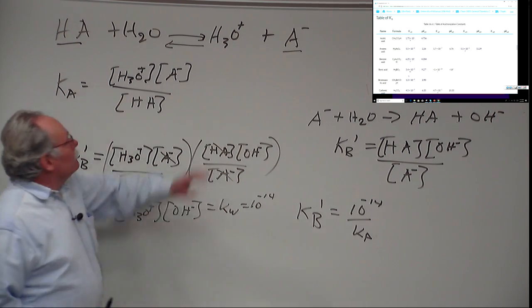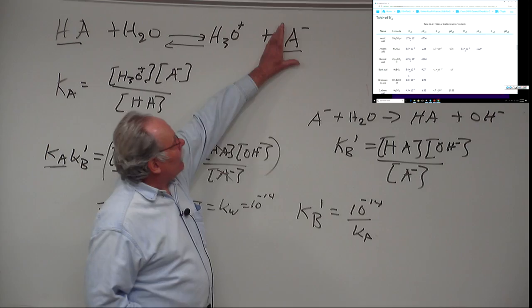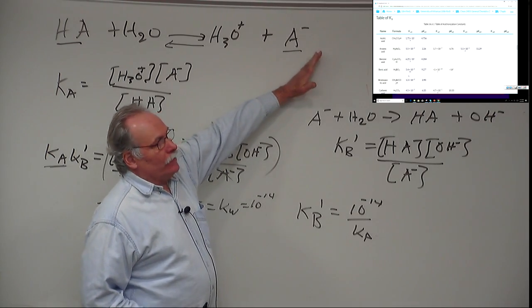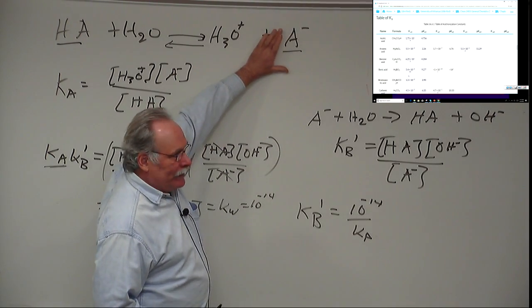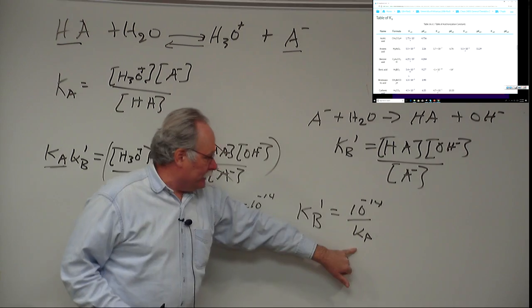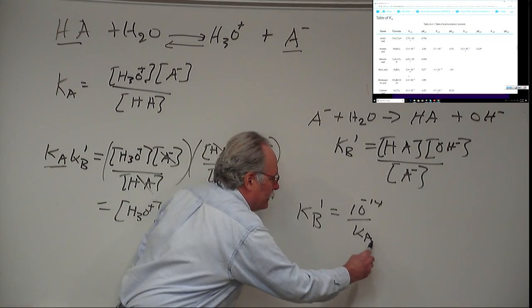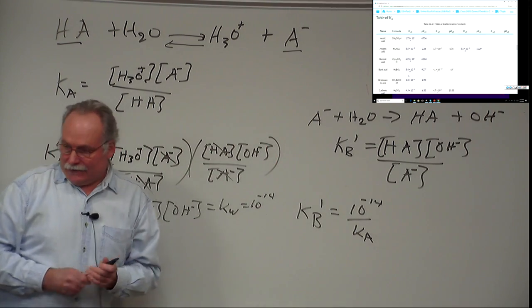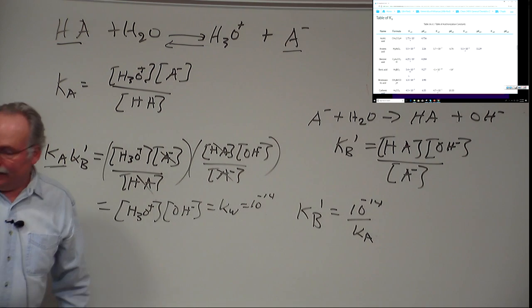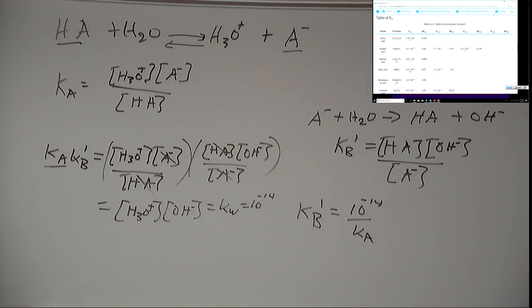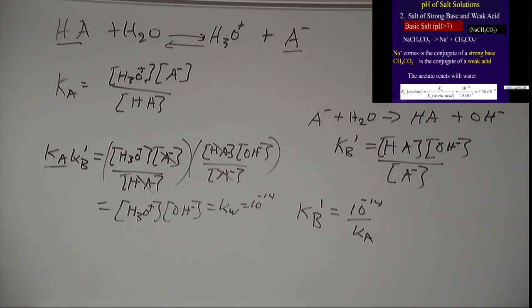And every one of those weak acids has a conjugate base. And the Kb of the conjugate base of that weak acid is simply 10 to the minus 14 divided by the Ka of the weak acid, okay? So this table here is actually two tables in one. It's a table of Kas and Kb's.